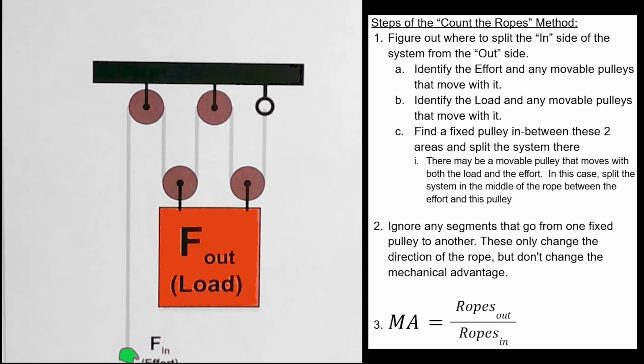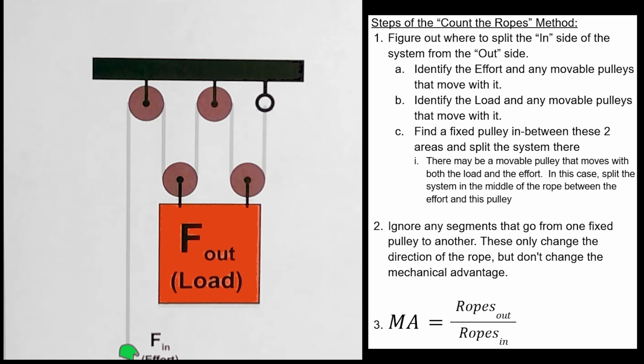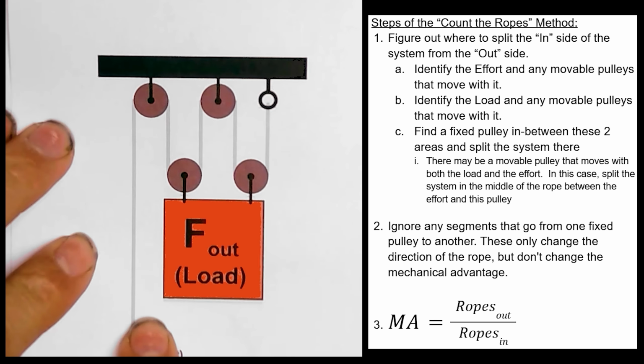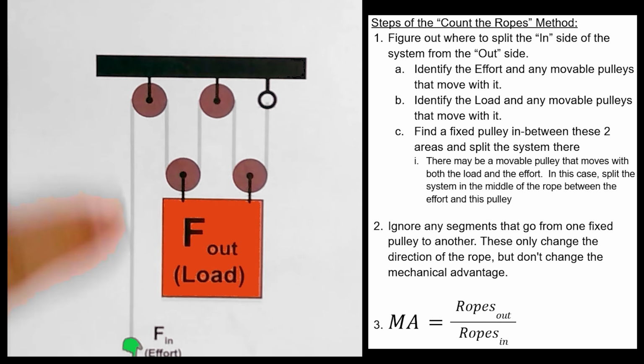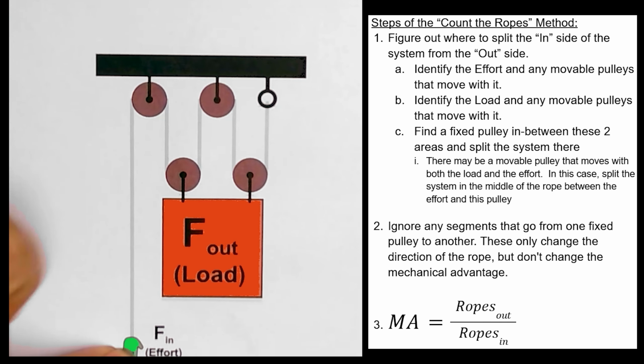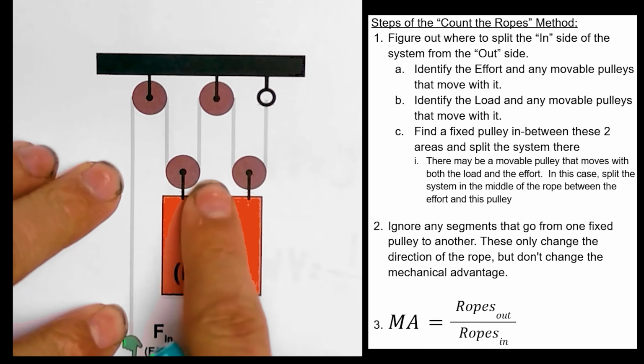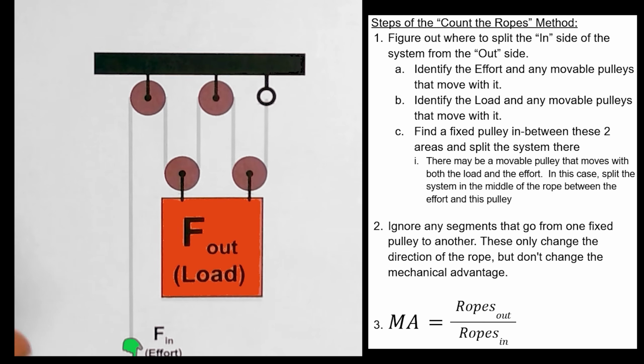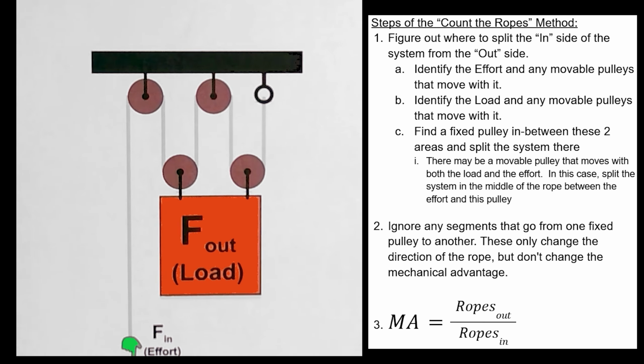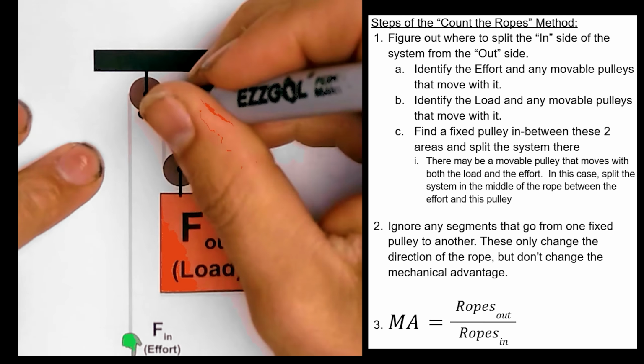Okay, let's go through the steps again. So we've got the effort here, no movable pulleys moving with the effort still. But we've got the load, and these two different movable pulleys, both attached to the load, both moving with it. So where we're going to split it, our fixed pulley between these two areas is going to be right there.